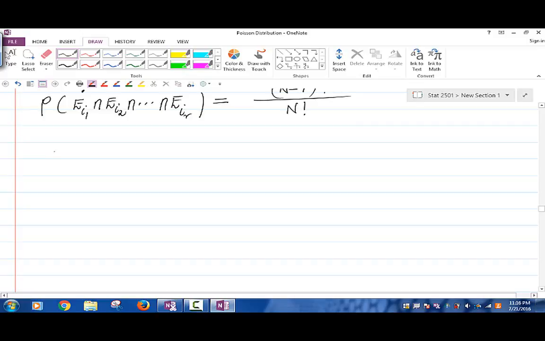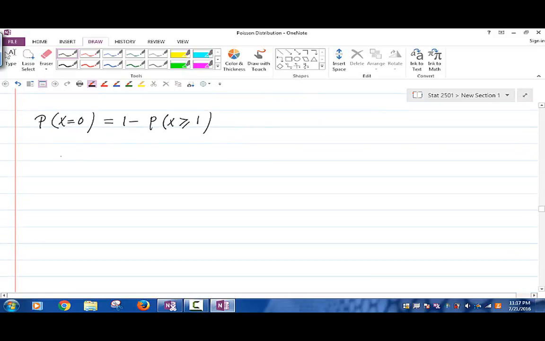Okay, so now we are ready to say what's the exact probability that X is 0. That's the same as 1 minus the probability that X is larger or equal to 1.